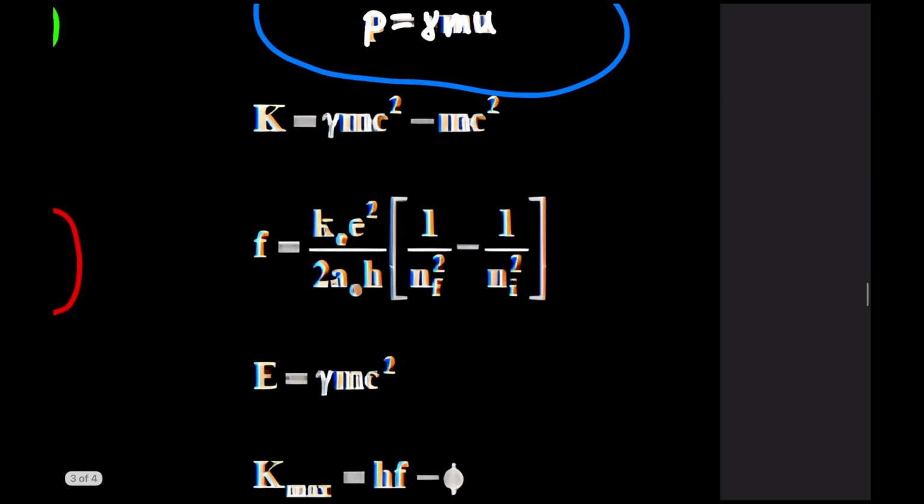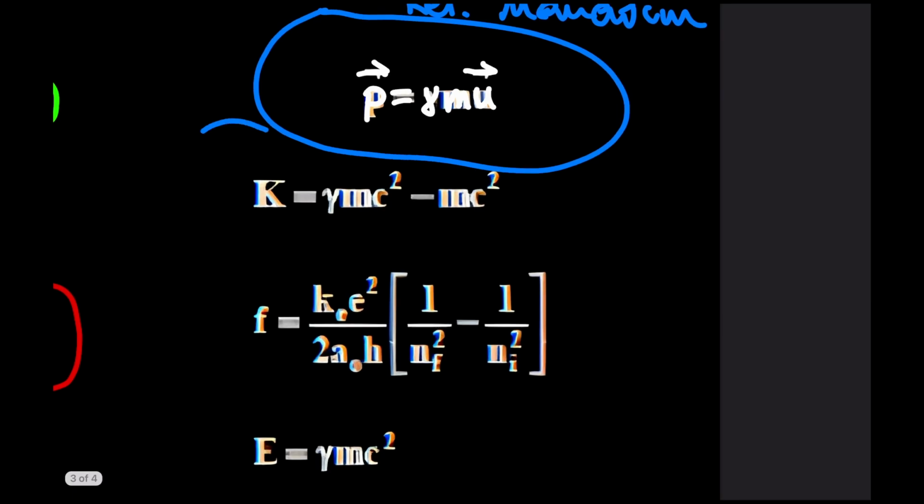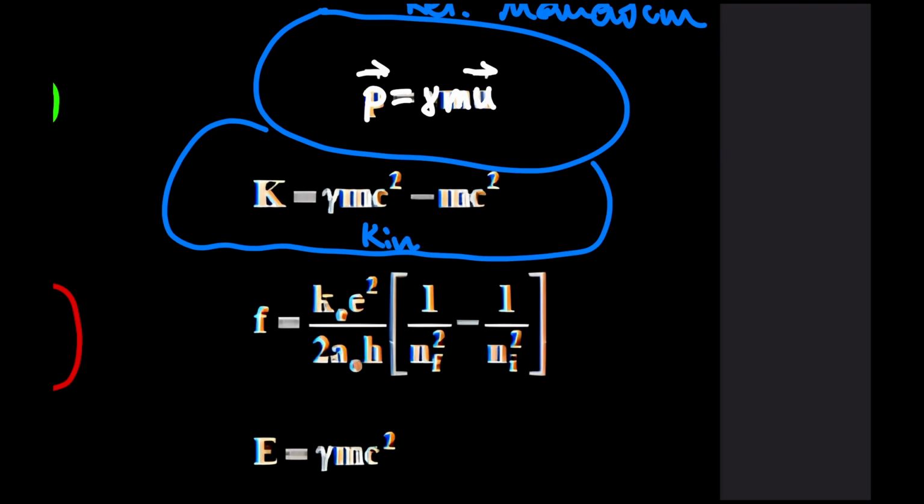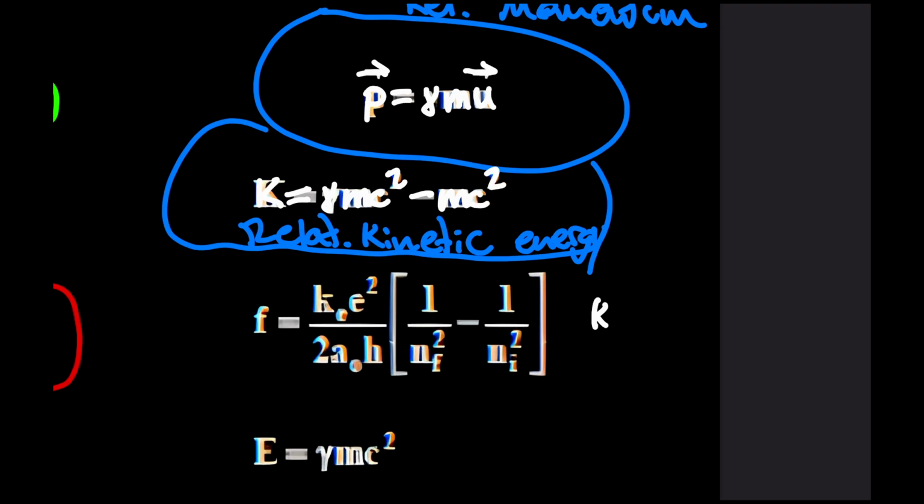We have another relativity equation, which is kinetic energy, relativistic kinetic energy. So capital K is energy. We have gamma mc squared minus mc squared. Remember that kinetic energy is half mv squared.